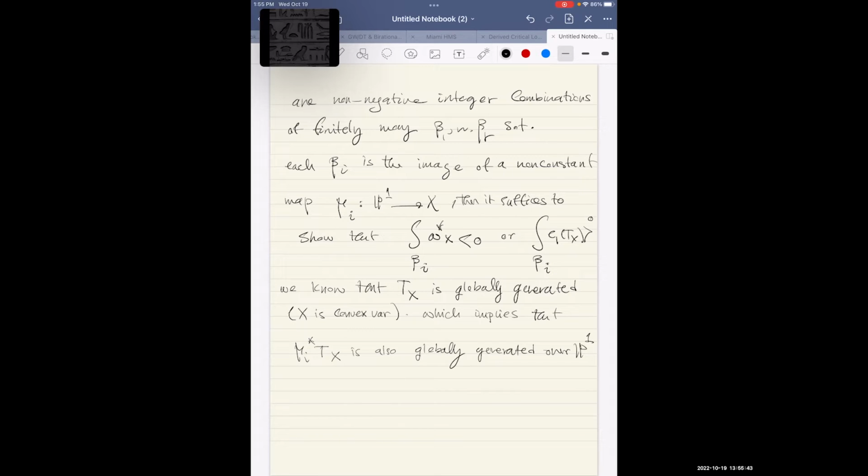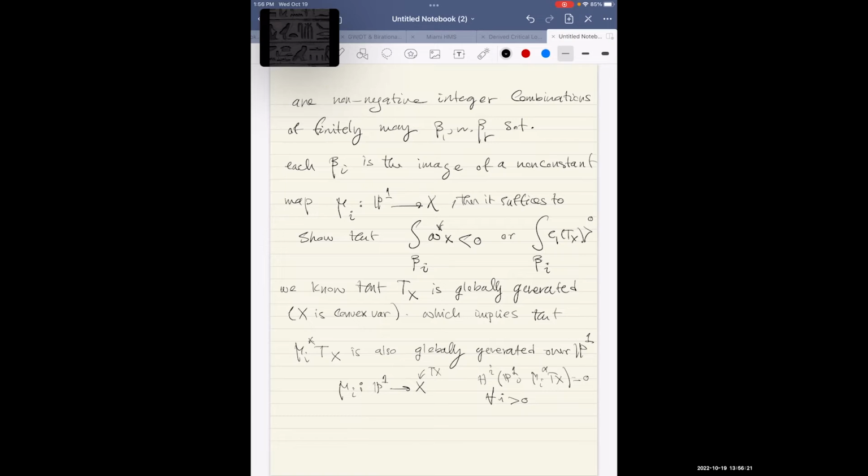The convex variety had this property that you have the map from P1 into ambient X, and you were looking at the tangent bundle in here, and you were basically arguing that if I pull back the tangent bundle, the higher cohomology is going to be 0. So the only thing that survived is the H0. It's a globally generated bundle on P1.